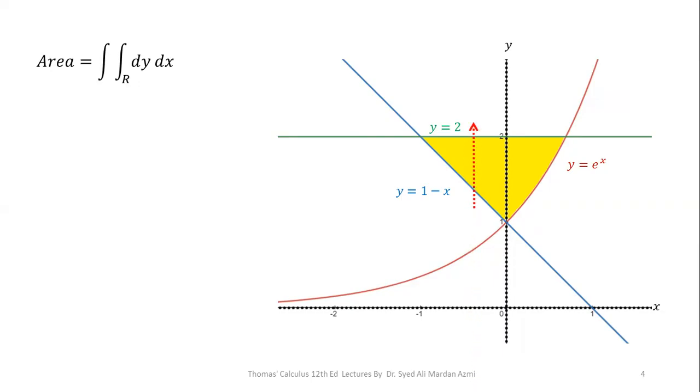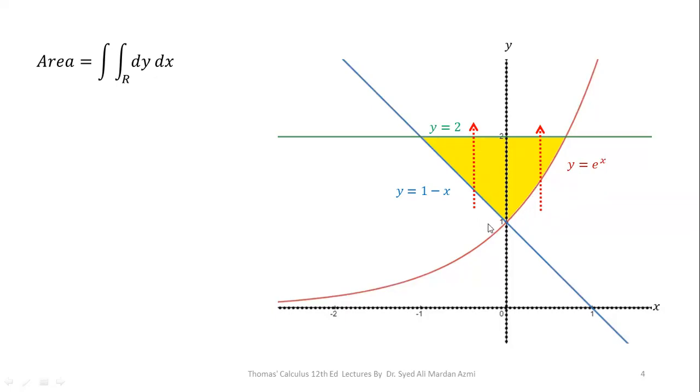Now, please focus and note that if you pass a vertical arrow from the left side, means in the second quadrant, through this region, your lower limit of y will be 1 minus x and upper limit is y is equal to 2. But if you pass an arrow through this region in the first quadrant, then your lower limit of y is e raised to power x and upper limit of y remains same. It means our lower limit is changing if we pass an arrow through two different areas.